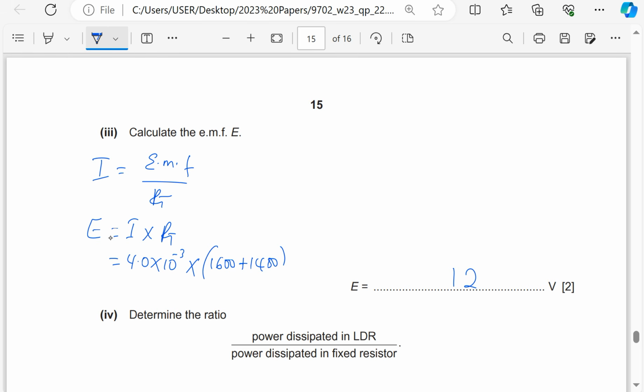Then determine the ratio: power dissipated in the LDR divided by power dissipated in the fixed resistor.